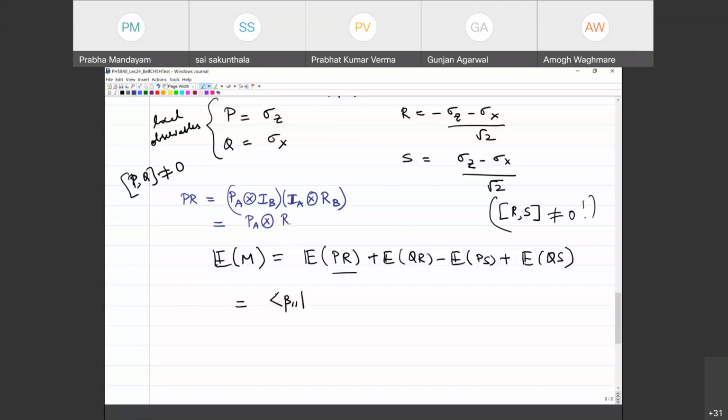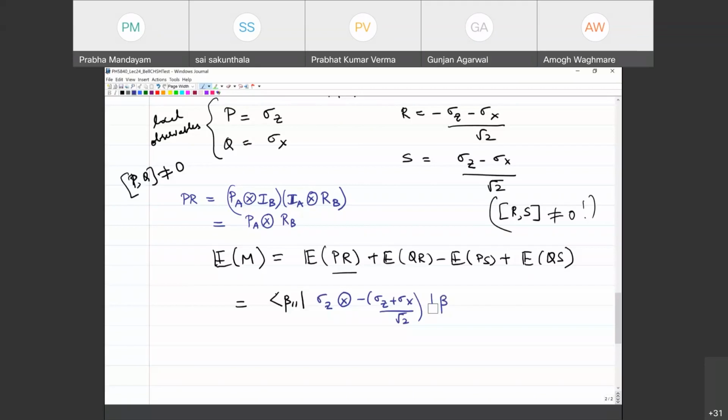So that's what we mean by PR, which is sigma Z tensor minus sigma Z plus sigma X by root 2, in beta 1, 1.